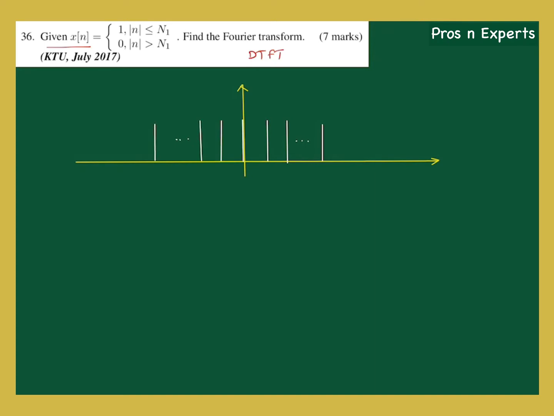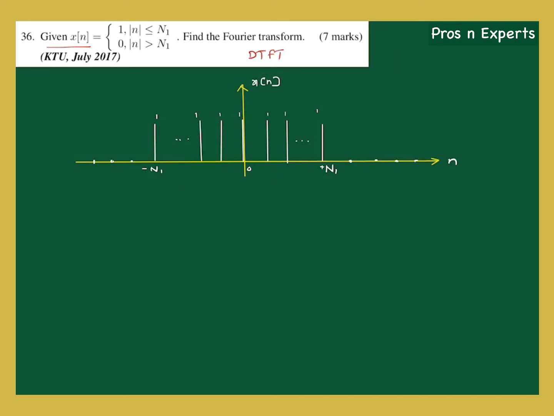The signal is 1 for mod n less than or equal to n1. That means the samples are all 1 within plus n1 and minus n1, and for all other time instances this will be 0. So this is x of n. It has sample 1 from minus n1 to plus n1.